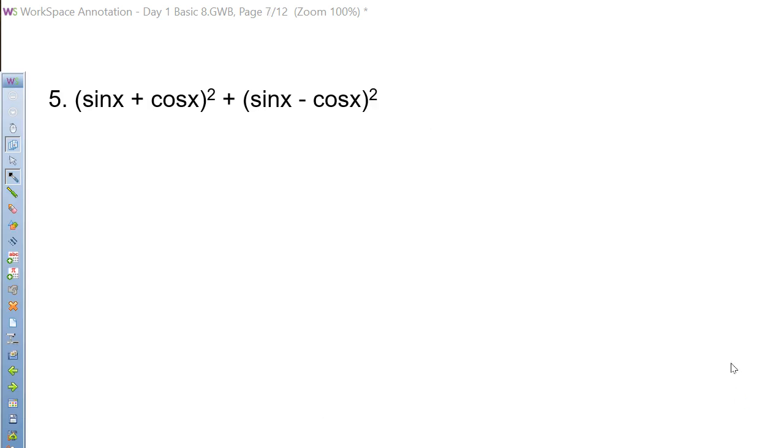Okay, now number 5. We're going to make it just a little bit longer. We're adding in another binomial that needs to be squared. So we are going to do our shortcut we learned back in Algebra 1. When you are squaring a binomial, you square the first term. If I square the first term, that gives me a squared. Multiply these and then double it, so a times b is ab, and when I double that, that gives me 2ab.